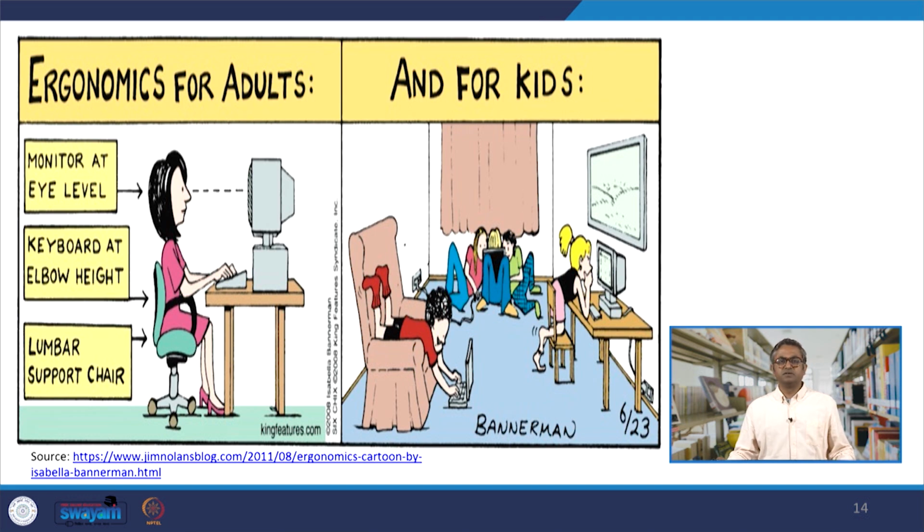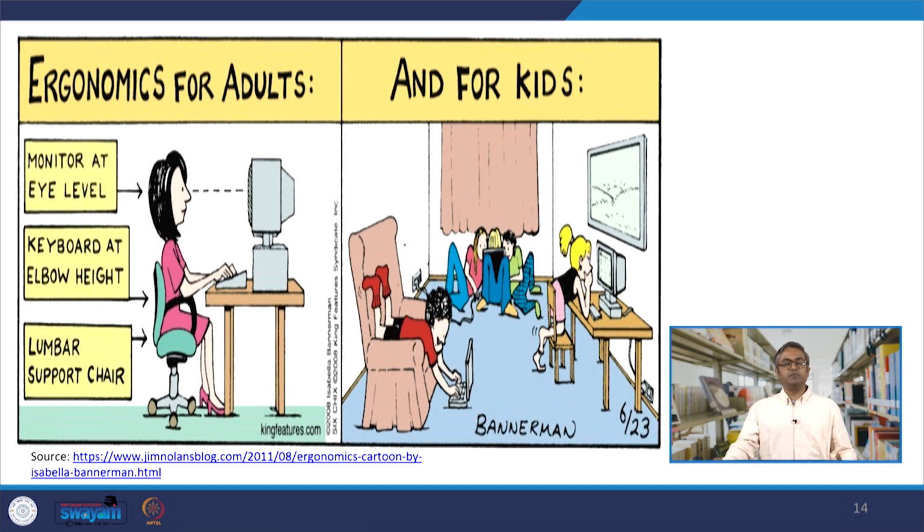However, for kids, it may simply be a game, or putting up a post on Facebook, Twitter or Instagram. For them, ergonomics is not that important, but for professionals, it plays an important role.